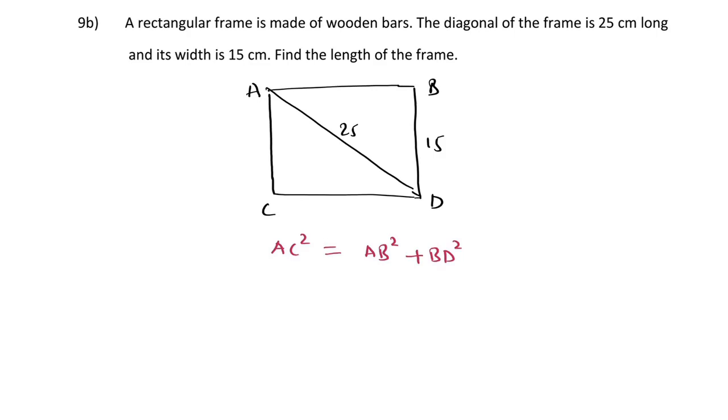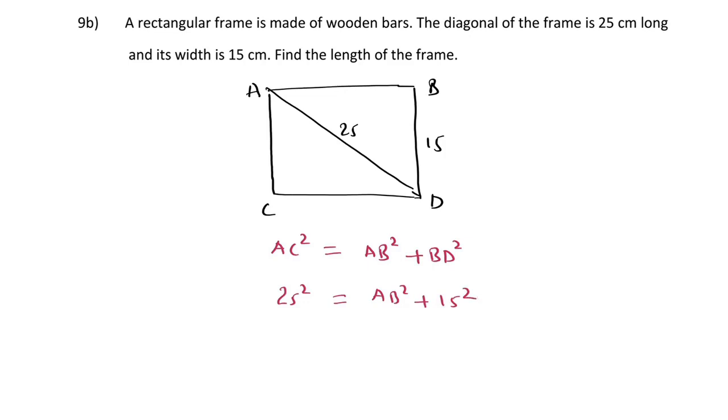Now let us substitute the given values. Then our equation is going to be 25 squared equals AB squared plus 15 squared.